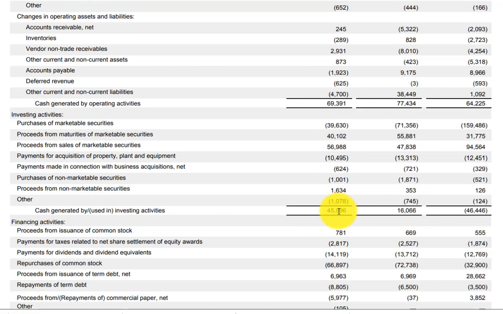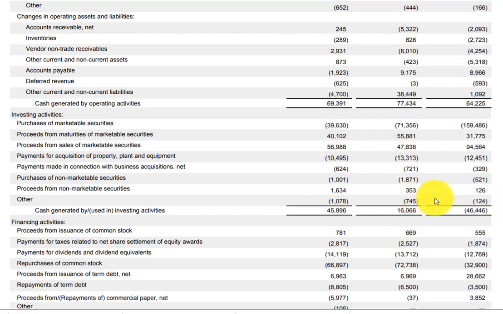All right, they generated cash from investing, which means they sold more investments than they bought. So they bought lots of new property, plant, and equipment, about $10 billion, but that's a small amount compared to some of the investments they sold. So actually, a positive cash flow from investing.